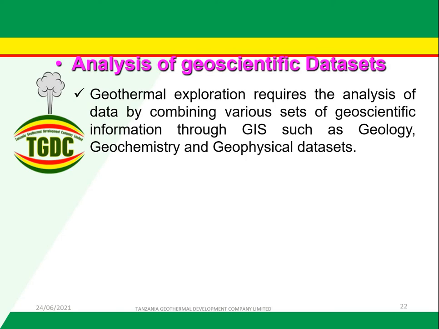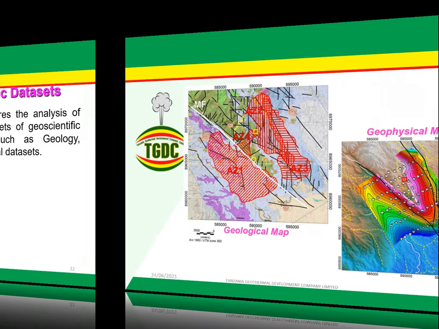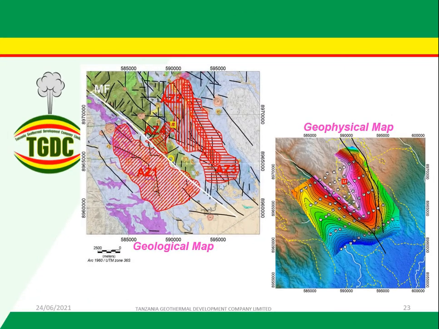Geothermal exploration requires the analysis of data by combining various sets of geoscientific information through GIS, such as geology, geochemistry, and geophysical datasets. For example, the background of this map is a geological map overlaid with the anomaly area.